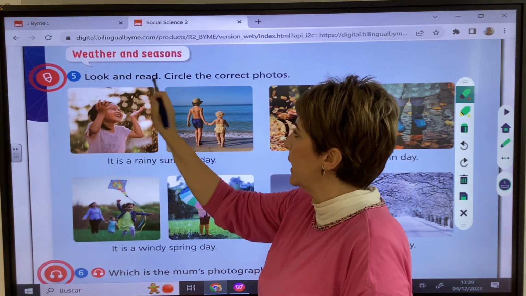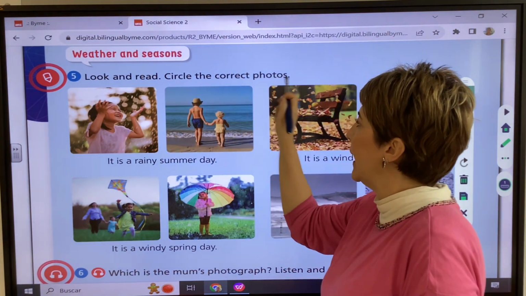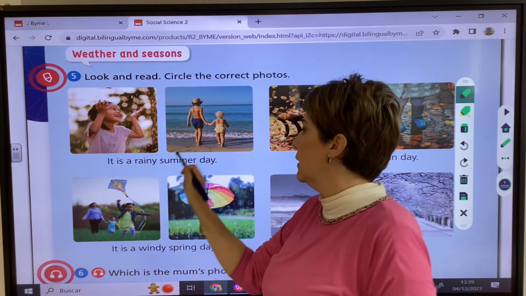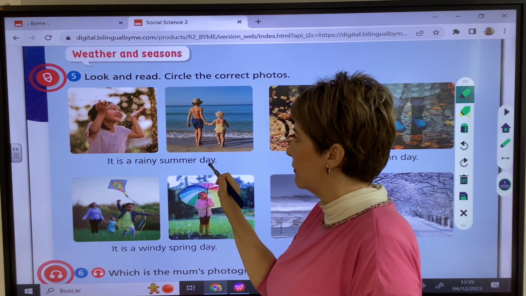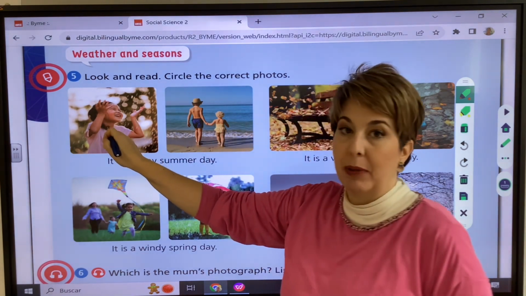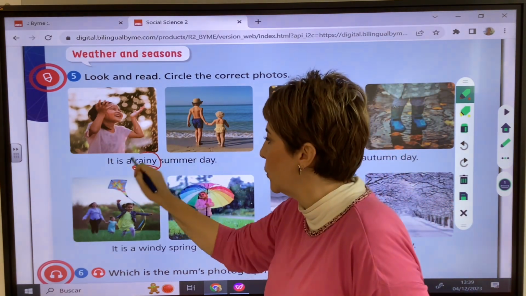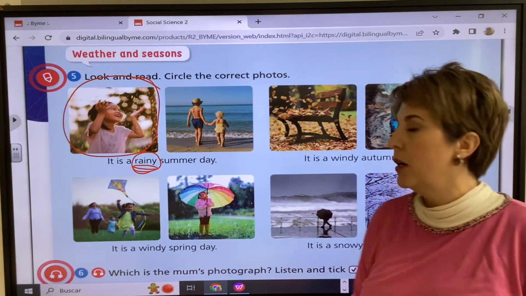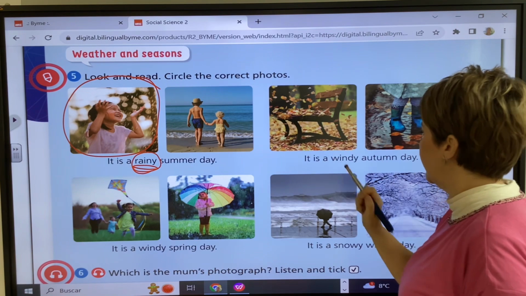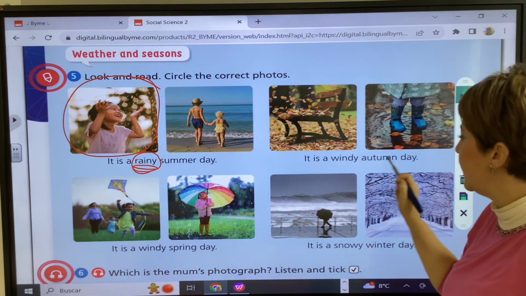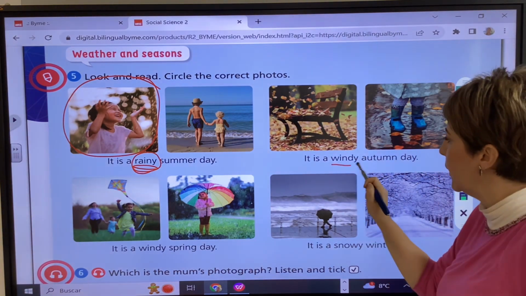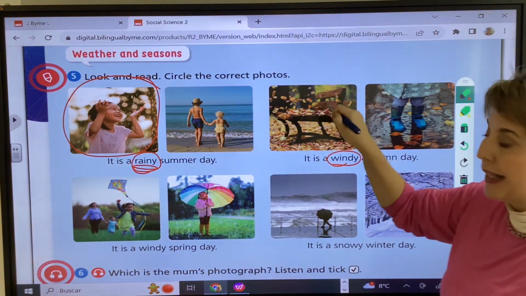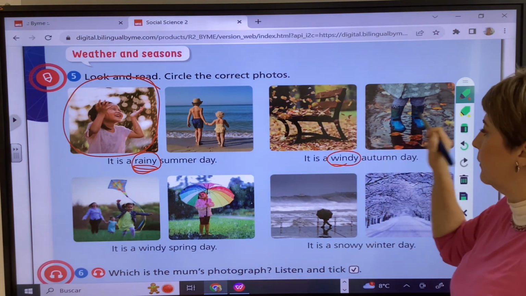Look and read, circle the correct photos. It is a rainy summer day. Okay, this is summer and this is summer, but it says rainy, so the key word is rainy. So we have to circle this one. Which is the key word here? It's a windy autumn day. The key word is windy. This is autumn and this is autumn, but here is windy and here is rainy.